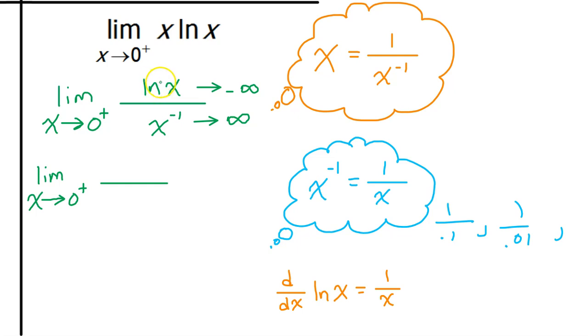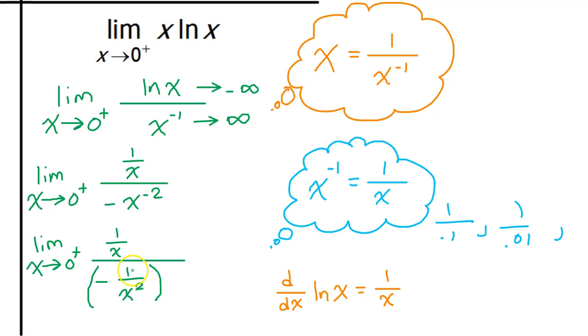We can take the derivative of the numerator and denominator without changing the value of the limit. The derivative of natural log x is 1 over x. That's a memorized rule. For the denominator, we use the power rule, so that's going to be negative x to the negative 2 power. Let's rewrite x to the negative 2 power as 1 over x squared.